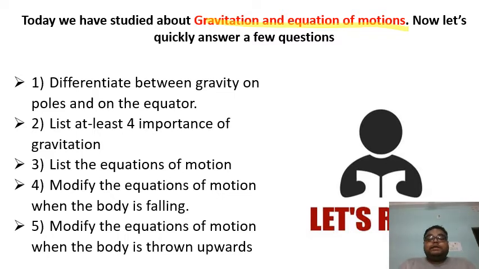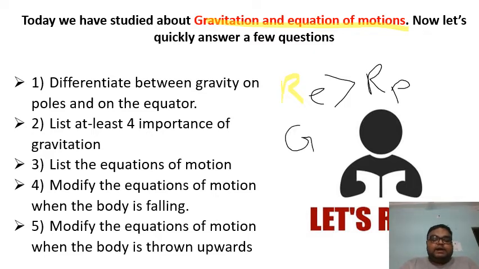We know that the radius of the earth at the equator is more than the radius of the earth at the poles. So the gravitation at the equator will be less than the gravitation at the poles.